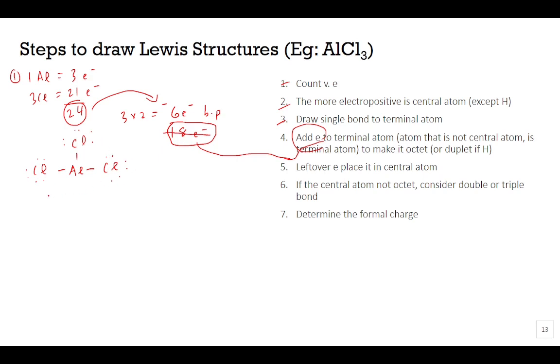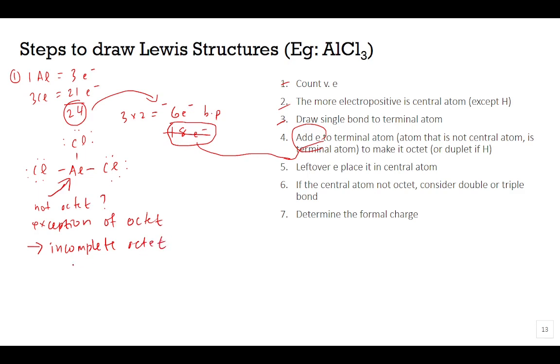But what happened to the central atom? You already put 18 electrons at the terminal atoms. The central atom here is not octet, right? For aluminium, it is an exception of octet, which we call incomplete octet.